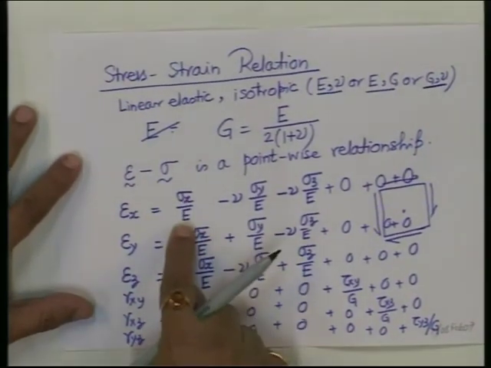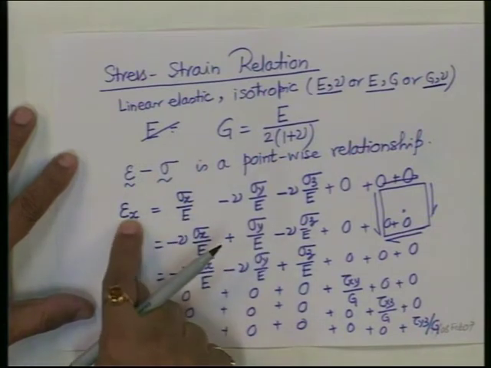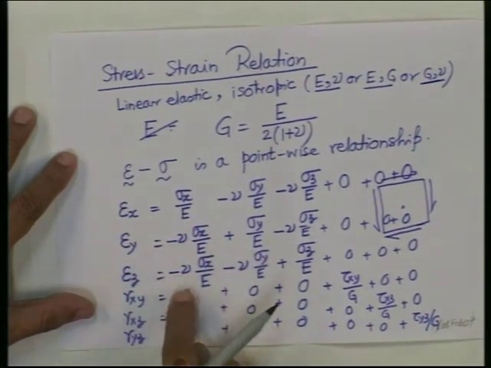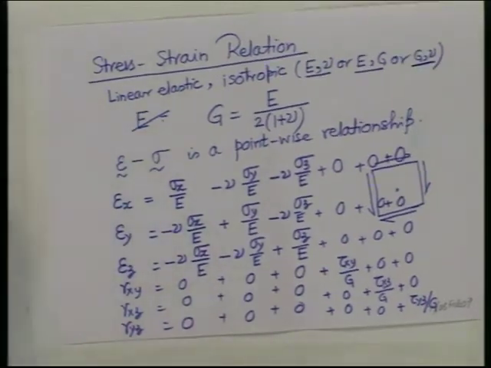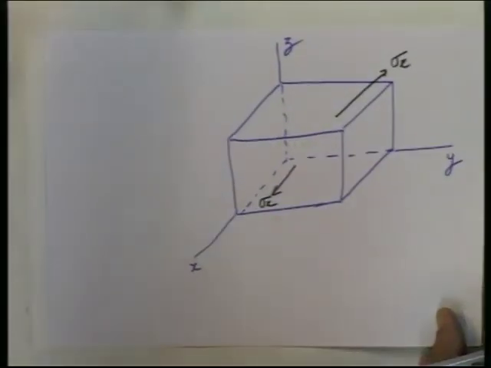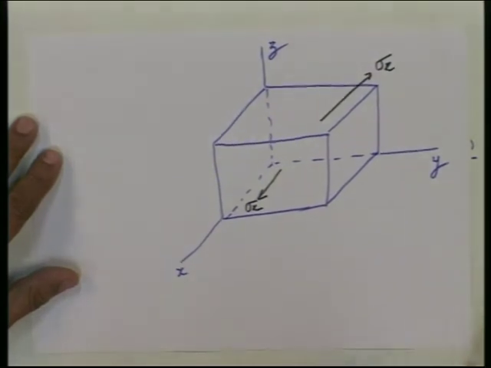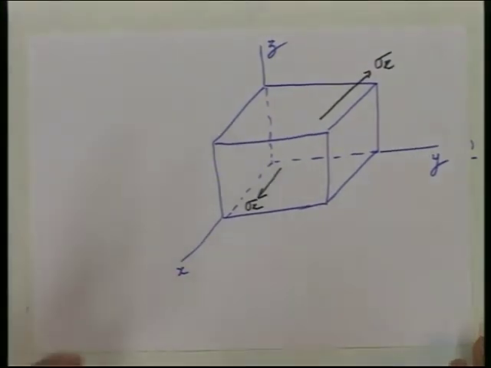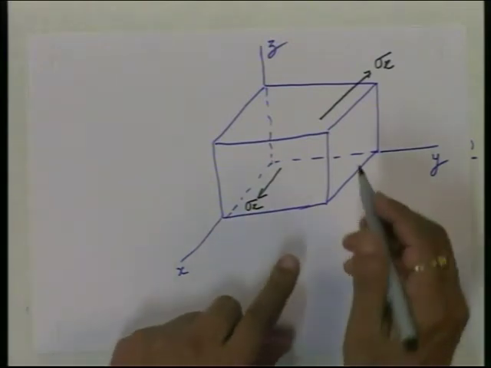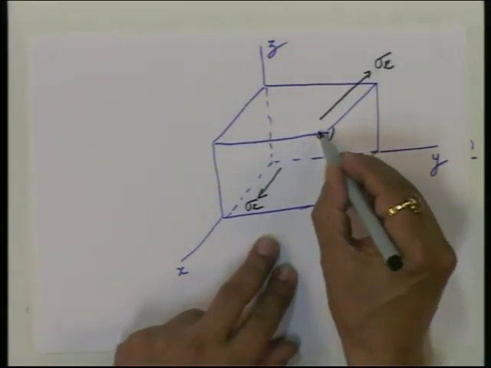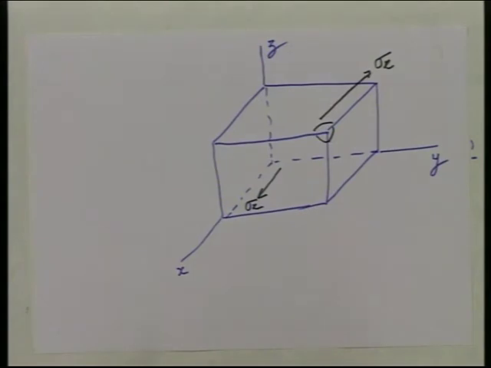This is extended, this one is with a minus sign, this one with a minus sign, and the shape of the cube remains. If it is not a cube, then it will become a parallelepiped. If you start with a unit cube, the lengths of the sides will change, but the 90 degrees will be maintained. Since the 90 degrees are maintained, there is no shear strain. That is the basic thing.